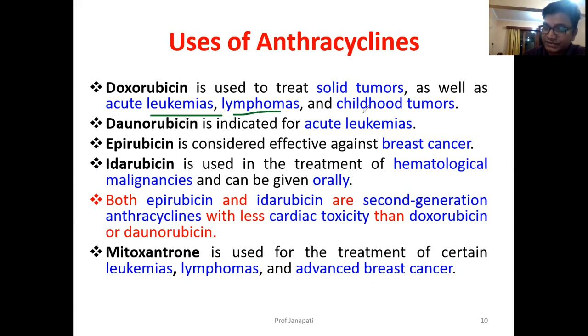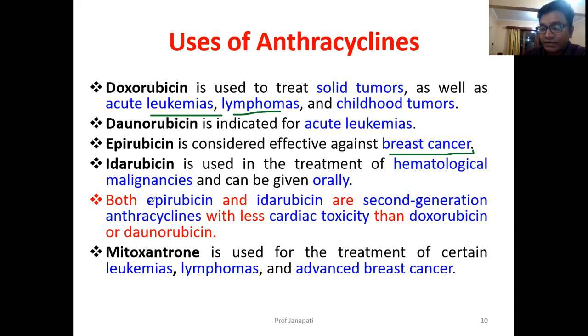Daunorubicin is indicated to treat acute leukemia. Epirubicin, breast cancer. Idarubicin, leukemia and hematological cancers, and it is given by oral route. The remaining drugs are given by IV route of administration.